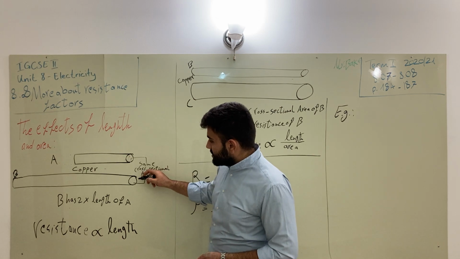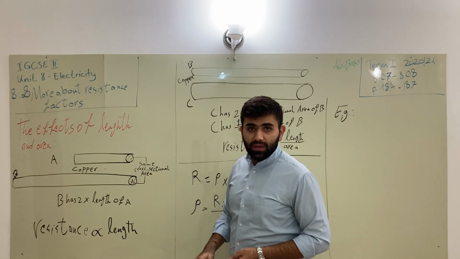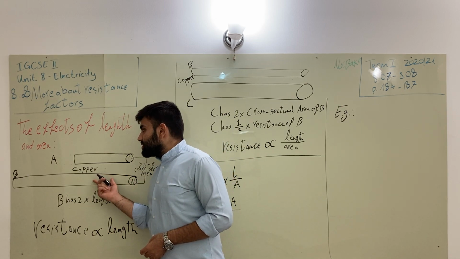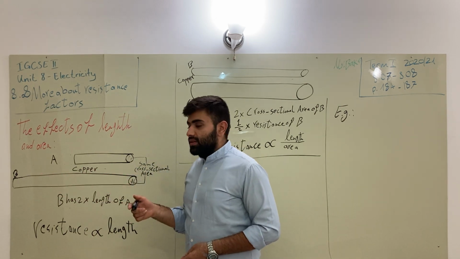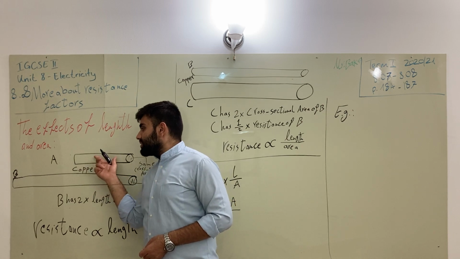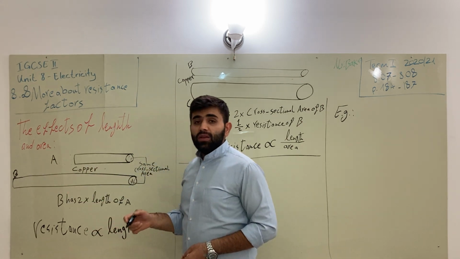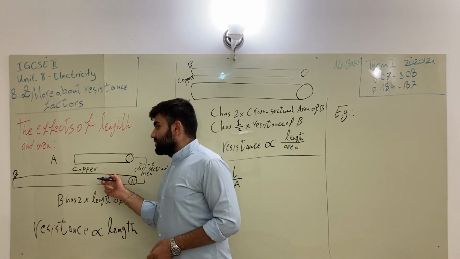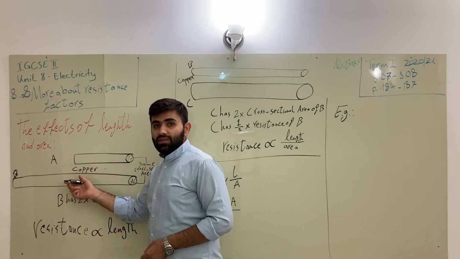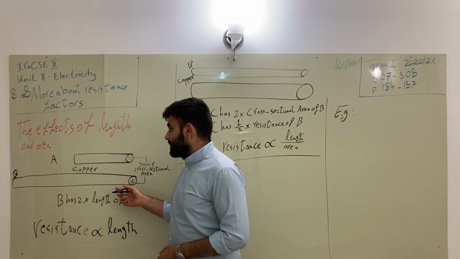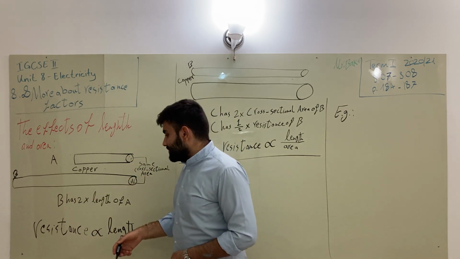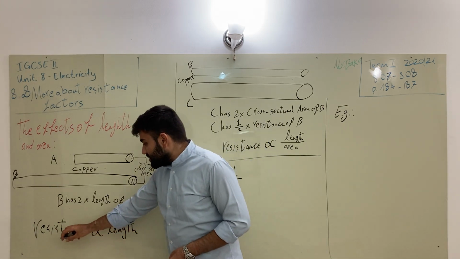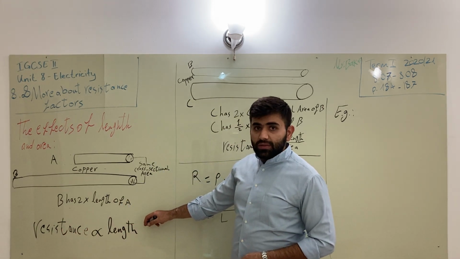Now B is double A, that means B has twice the length of A. What does that mean for the resistance? That means B has double the resistance of A, or A is half of B.